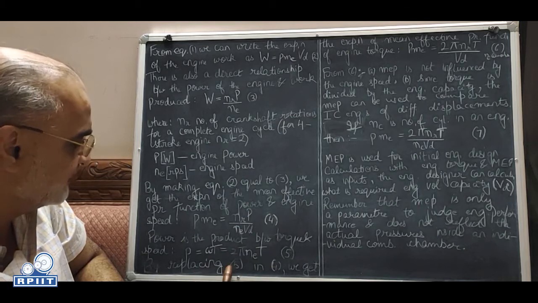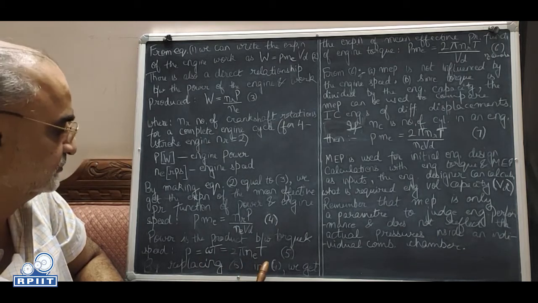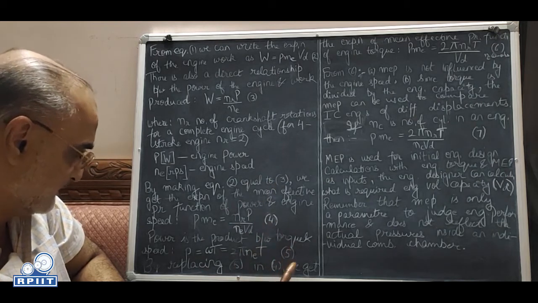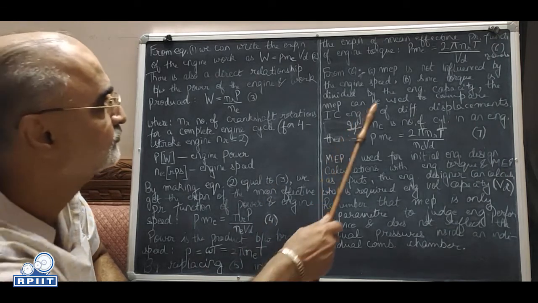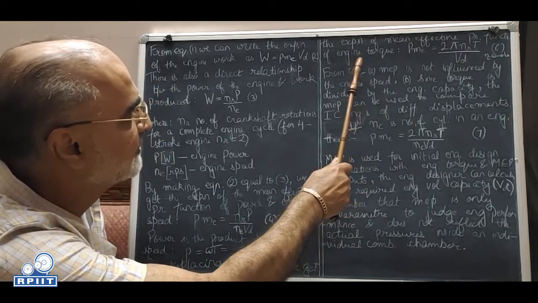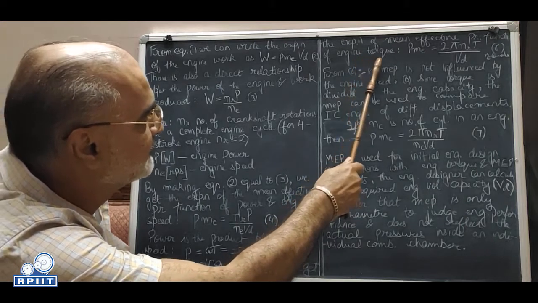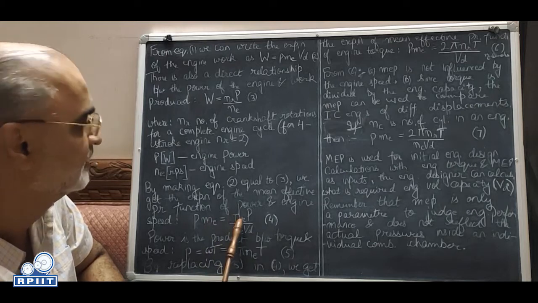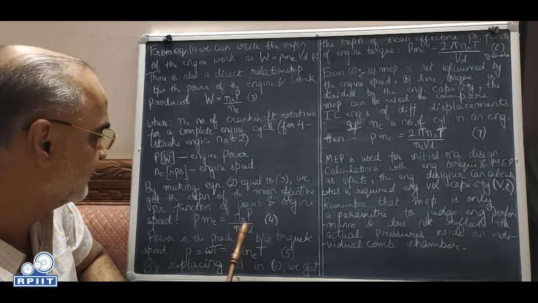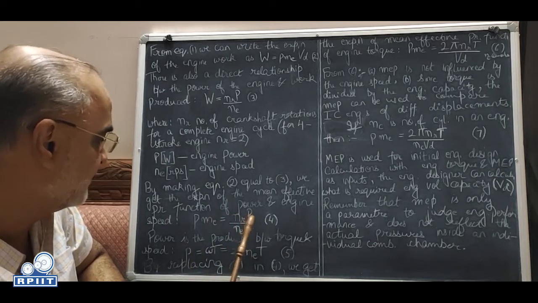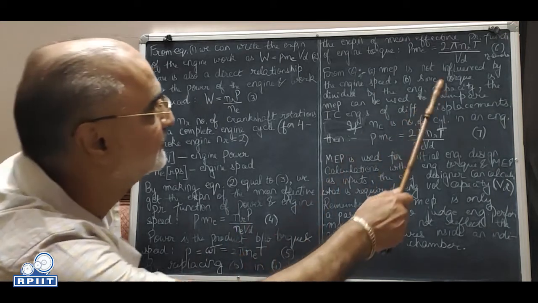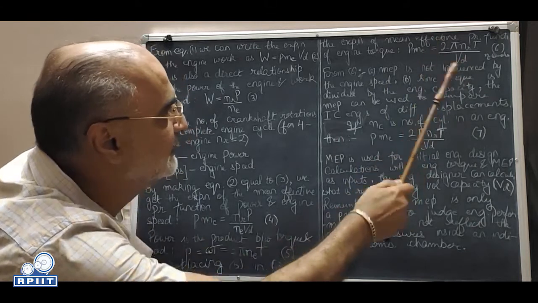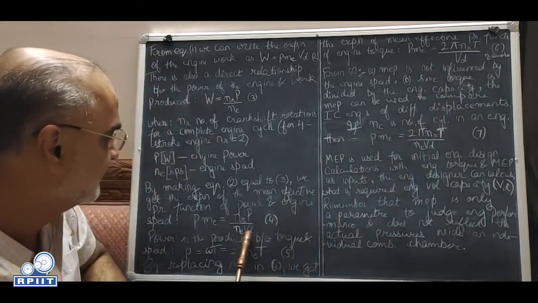So by replacing 5 in 4, we get the expression of mean effective pressure. PME is equal to, we have replaced the power with 2 pi NE T, divided by VD.